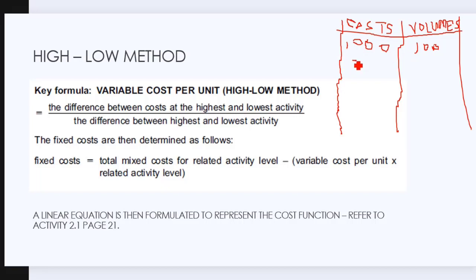Then let's say your next cost is 500, and the volumes are 50, and then your other cost, let's say it's 200, and the volumes are 20, and then the last cost is 100 rand, and your volumes are 10.